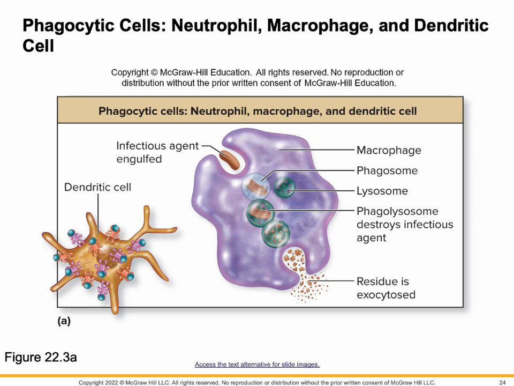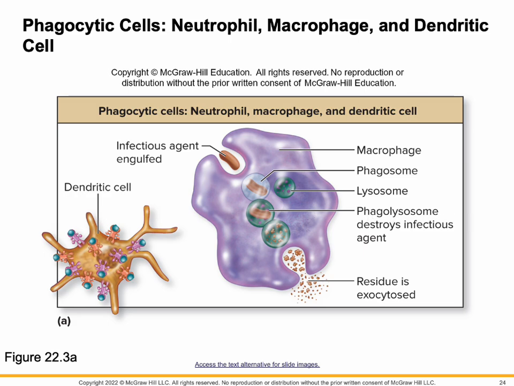So this graphic here is simply showing some of those different phagocytic cells, right? So you perform phagocytosis, right? Remember, that is a type of endocytosis. That engulfed pathogen is in a vesicle that's called a phagosome. This phagosome is going to fuse with a lysosome, and that forms a phagolysosome, right?